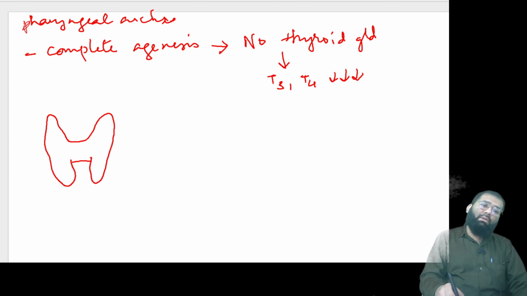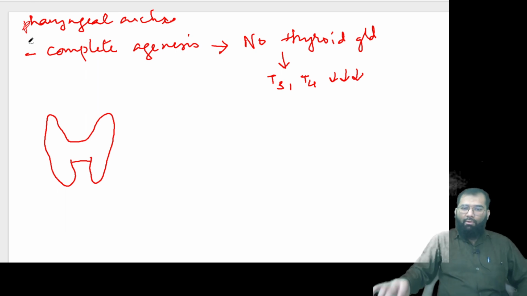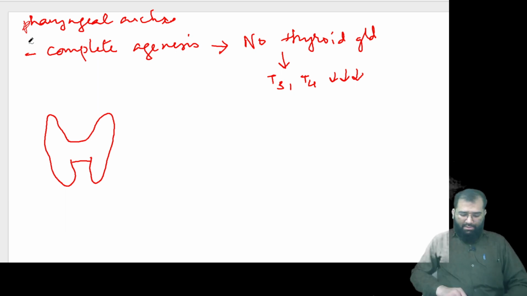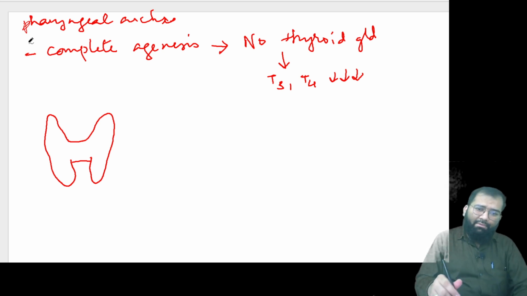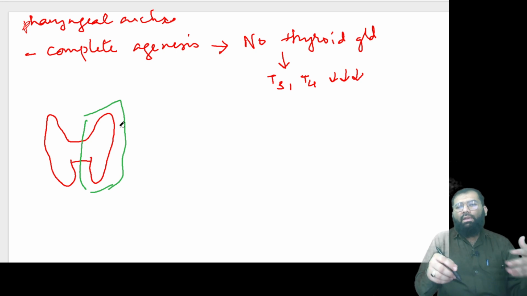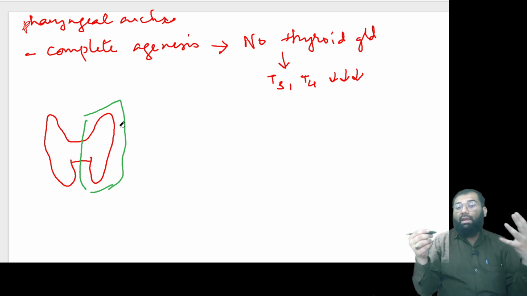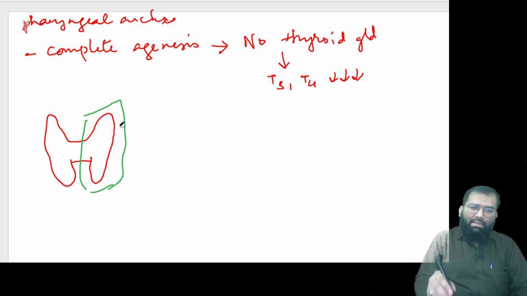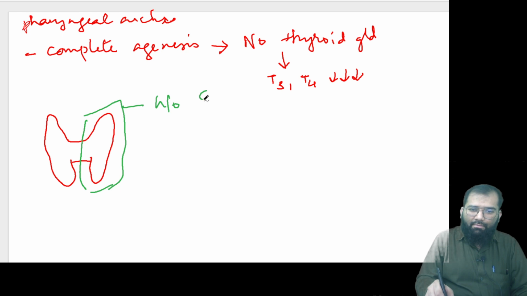Second important congenital anomaly which you may have is partial agenesis. You might find that half, that is either the right lobe or the left lobe, is absent congenitally. Often when you are doing an ultrasound of neck and you find that a lobe is missing, the next important question you need to ask is history of surgery.